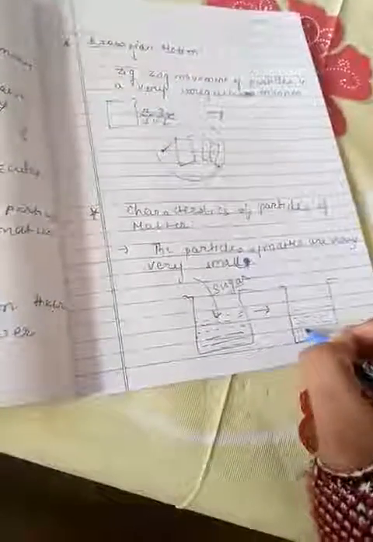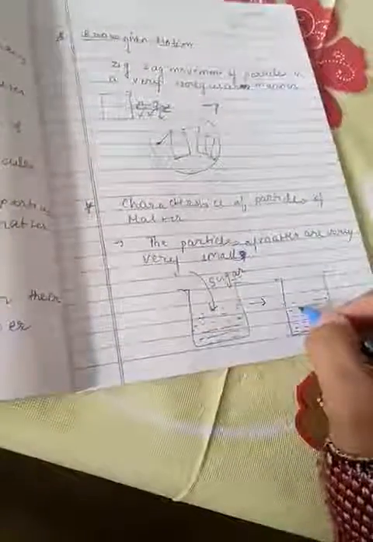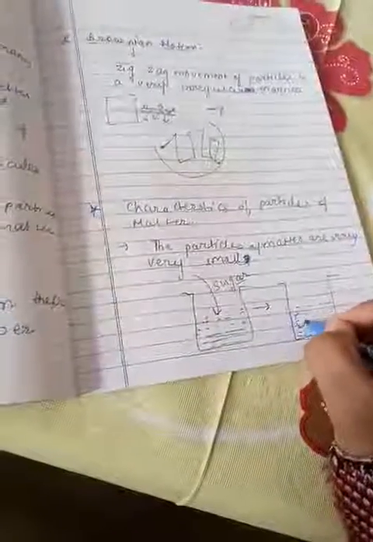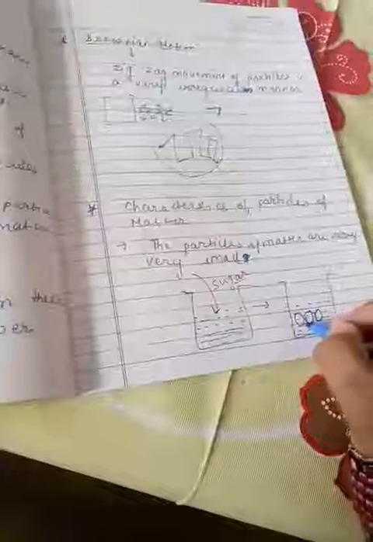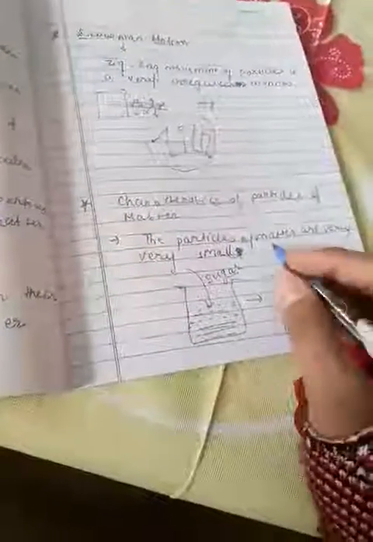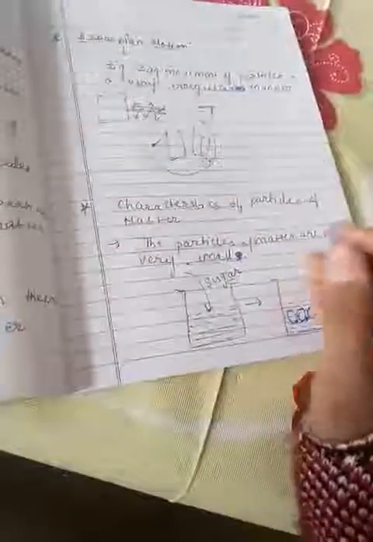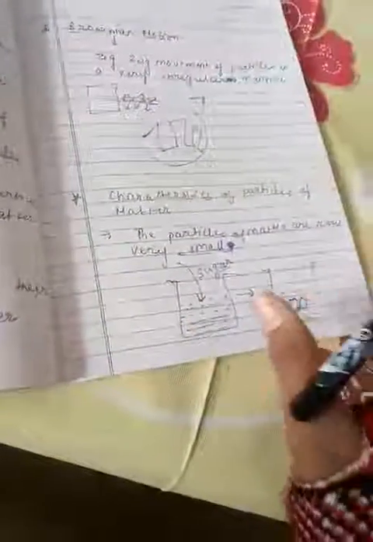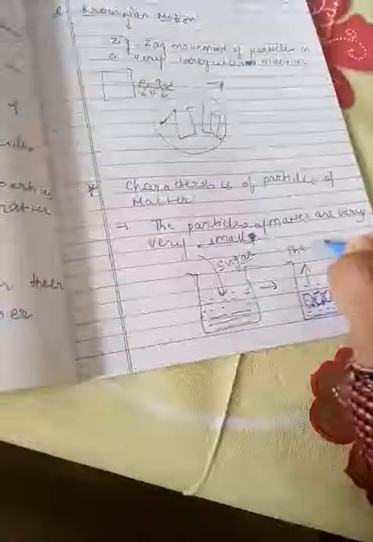But why so? Because the sugar particles get divided into a large number of smaller particles, and they settle in the space present between the particles of water. So we can conclude that the particles of matter are very small, as they divide up into a large number of particles.